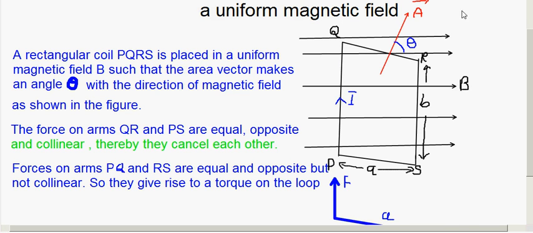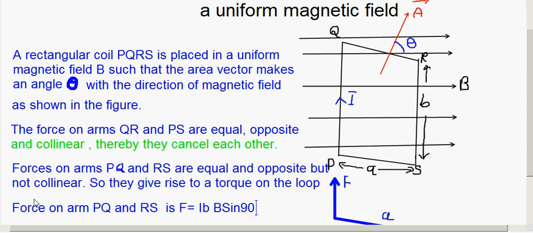So we can write the force on arm PQ and RS: F is equal to, the magnitude of the force is I, B is the length of the side, into sine 90. So that is equal to I B into B.